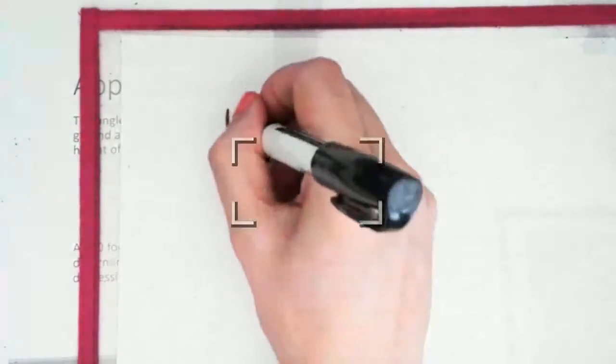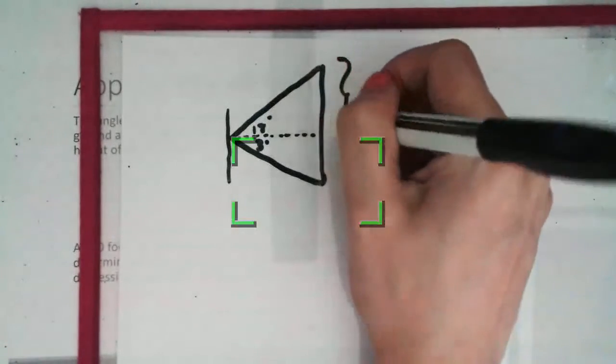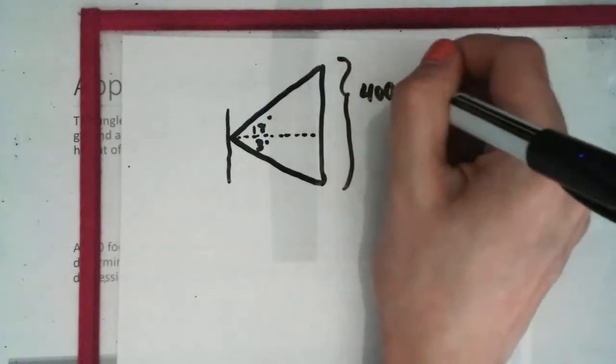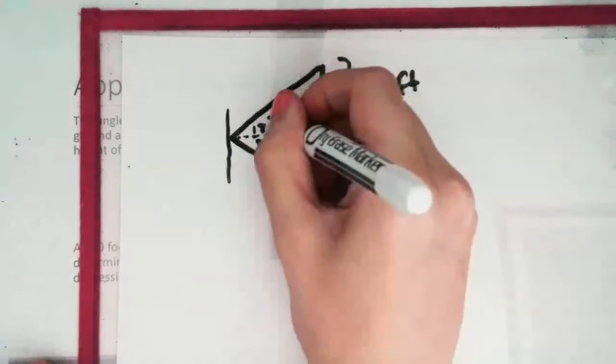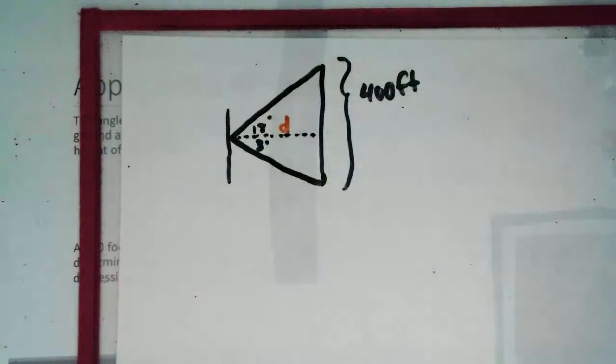They said that the angle of elevation is 18 degrees and the angle of depression was 3 degrees. And they told us that the height of the entire monument is 400 feet. They want us to find how far this person is from the monument. So I will say that we are trying to find their distance, and I'll call it D.